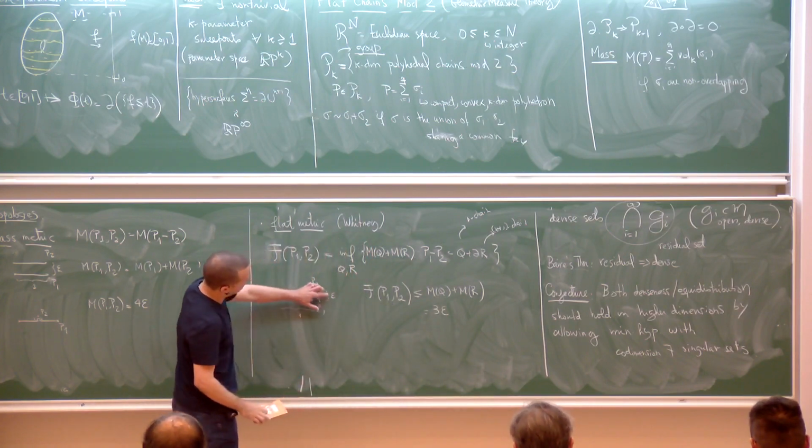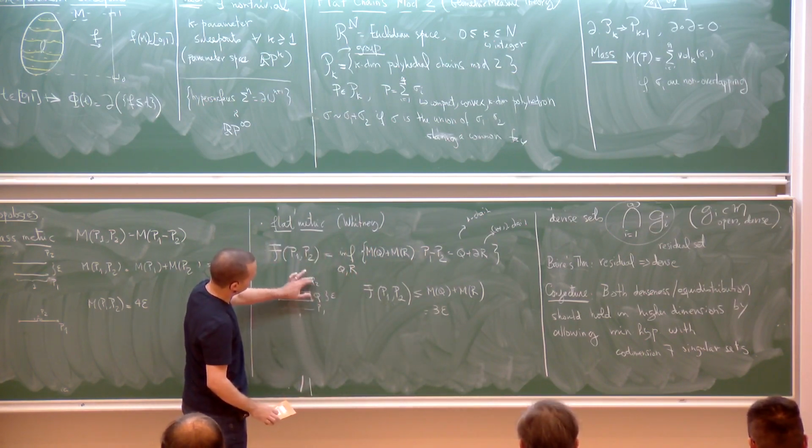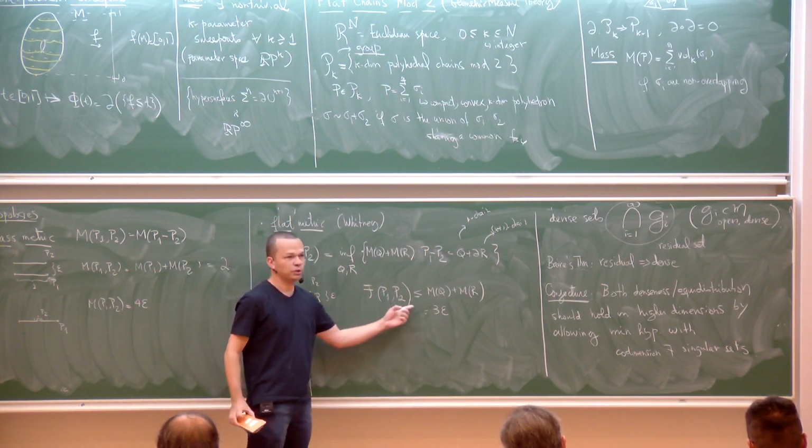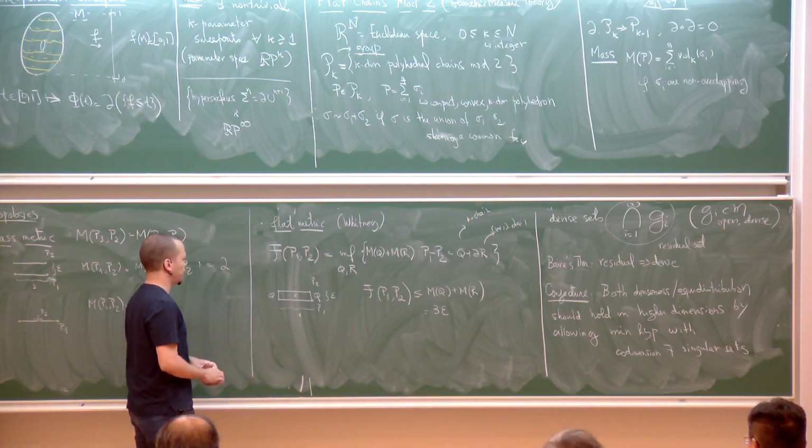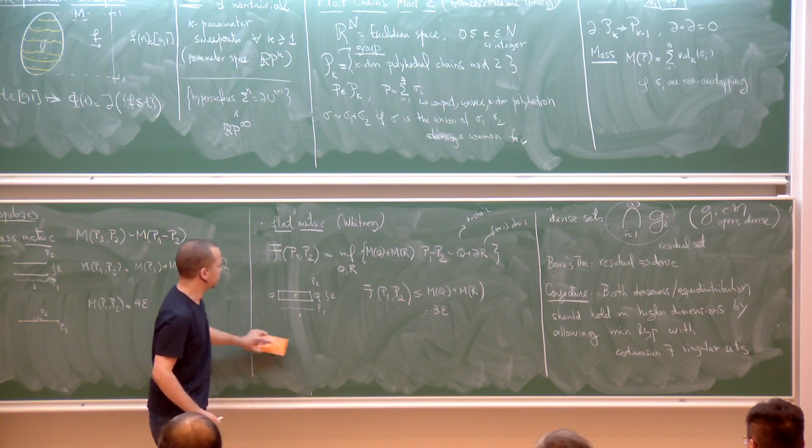So as you see, as epsilon goes to 0, these two chains become closer and closer in the flat metric. So this is really the natural metric to consider.